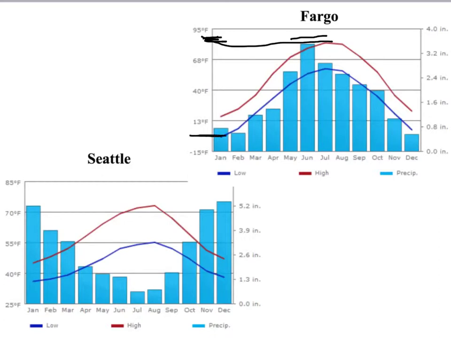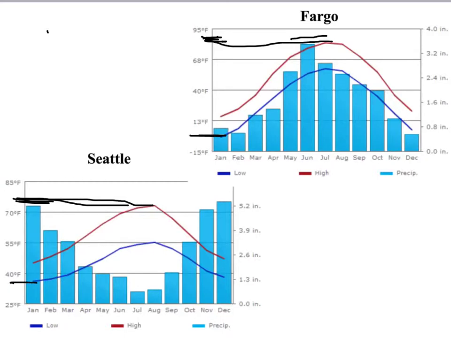That's around 0 degrees. At the same exact latitude, we can see Seattle, which is right next to a giant body of water, the ocean. It gets to be kind of warm, about 70 degrees at its warmest. But at its coldest, it's only at 40 degrees.